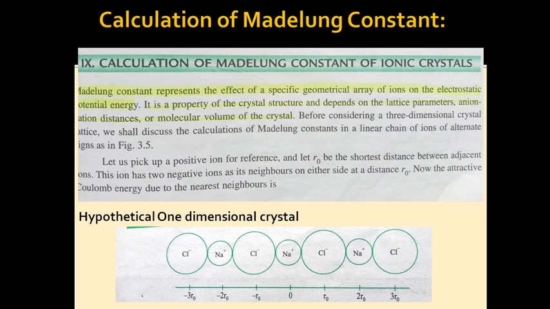In general, we have an ionic crystal, which obviously has a three-dimensional setup. But rather than proposing the three-dimensional setup directly, it's better to start with the easier part of modeling.